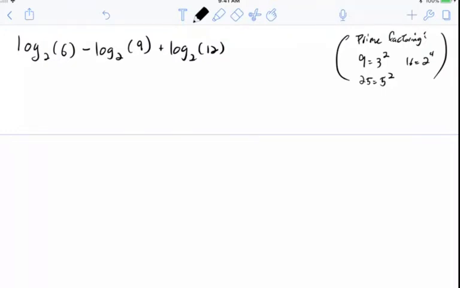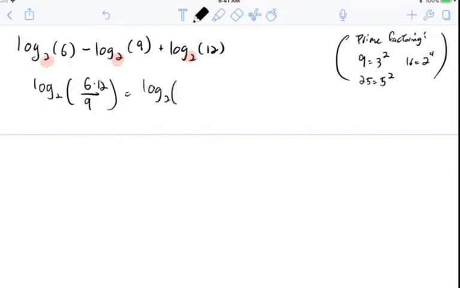I promised that I could. What I'm going to do is combine them all. They all have the same base, right? Base, base, base. And I'm going to combine them all into one log: 6 divided by 9 times 12. You're going to multiply that out; you can use a calculator to do the multiplying if you want.